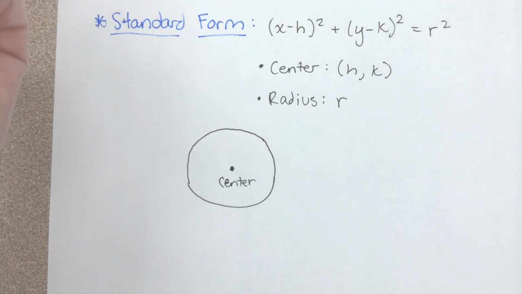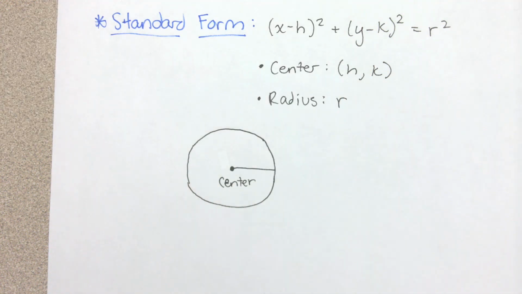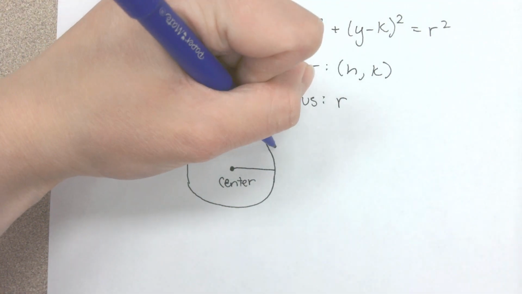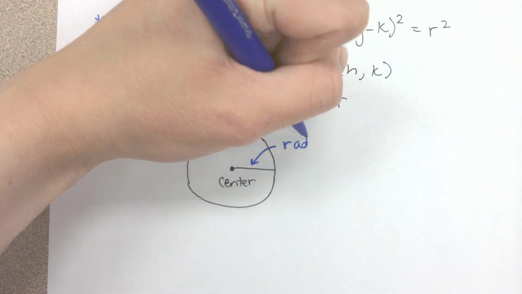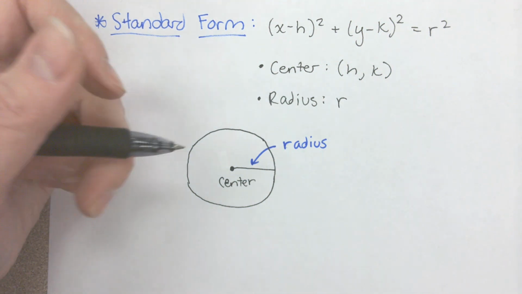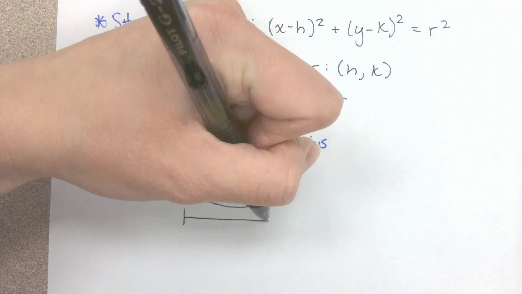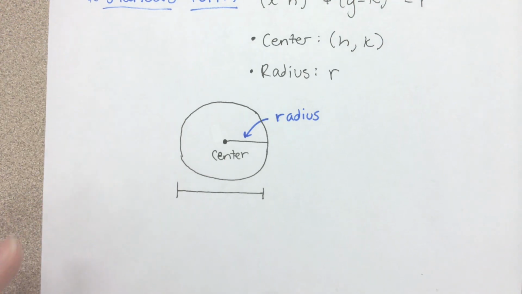And then the radius is the distance from the center to the side of the circle. And then the full distance from one side of the circle to the other is what we call the diameter.